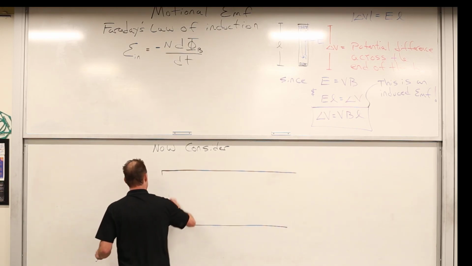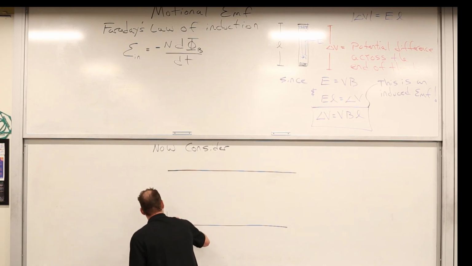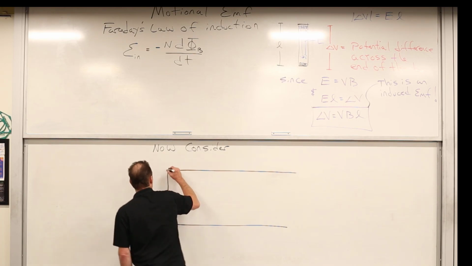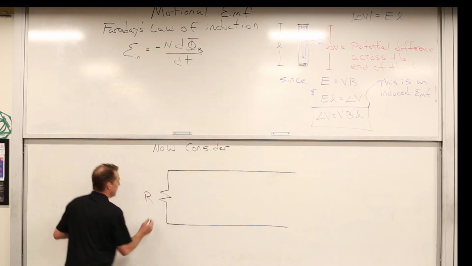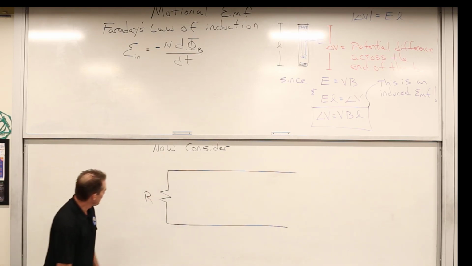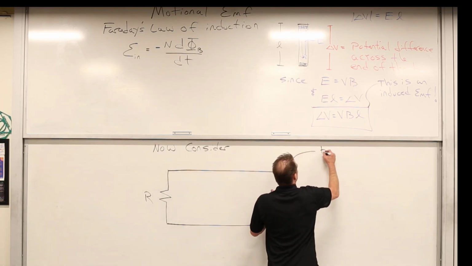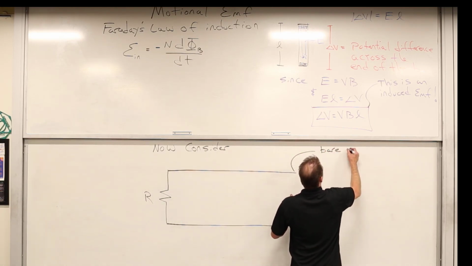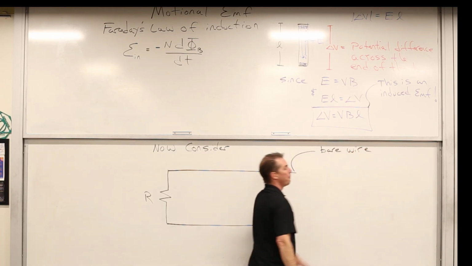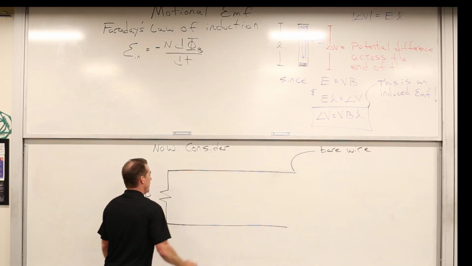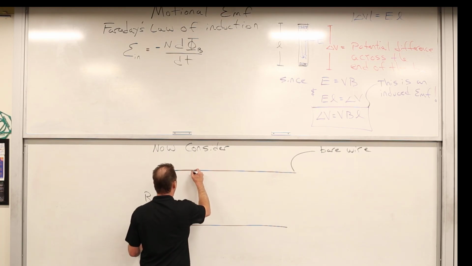That's a really bad resistor. I agree. Horrible resistor. Much better. Got some resistor. Still looks a little awkward. I'll live with it. Some bare wire that's conductive, and then we'll take ourselves a nice bar.